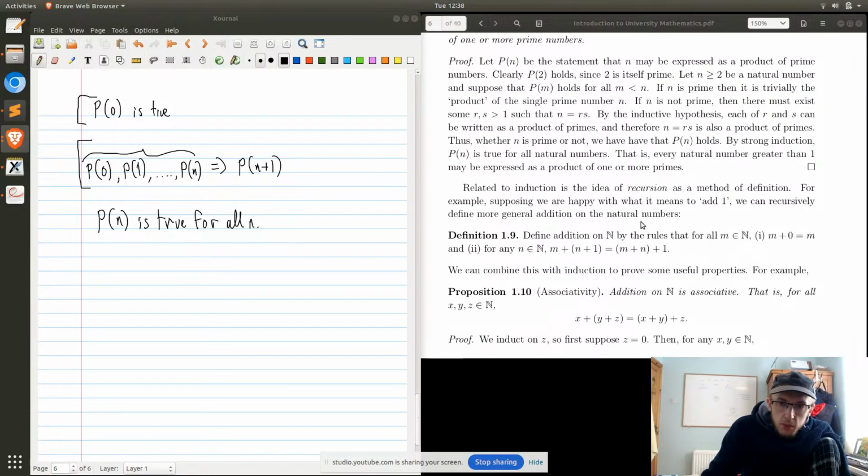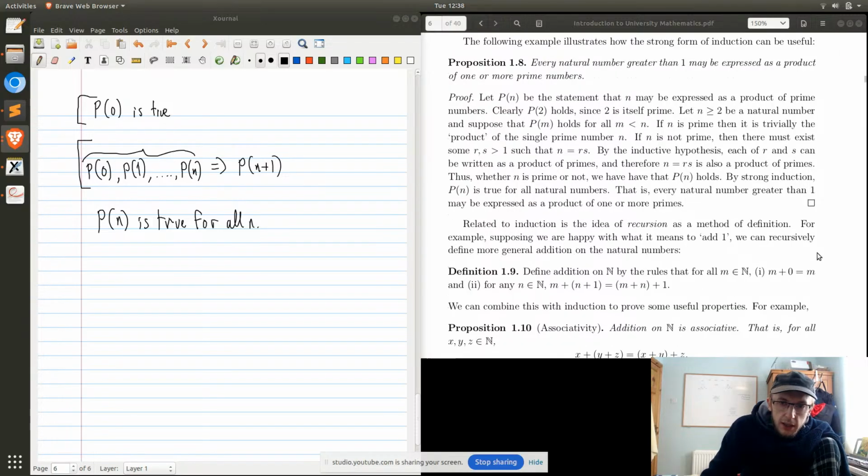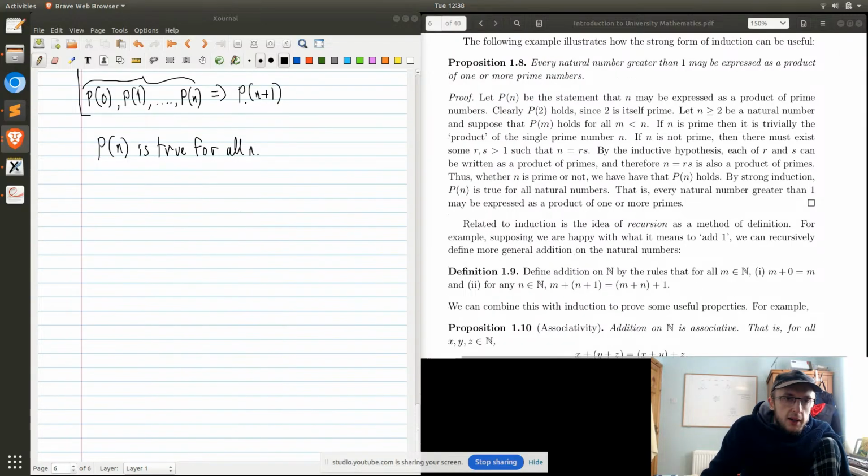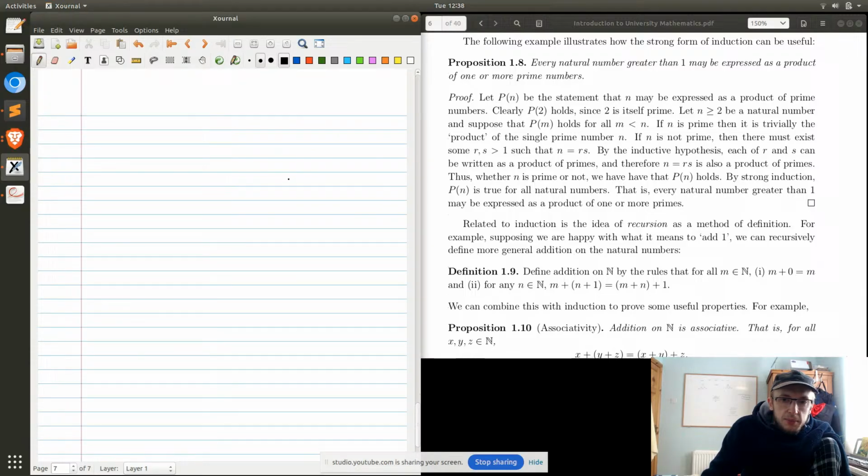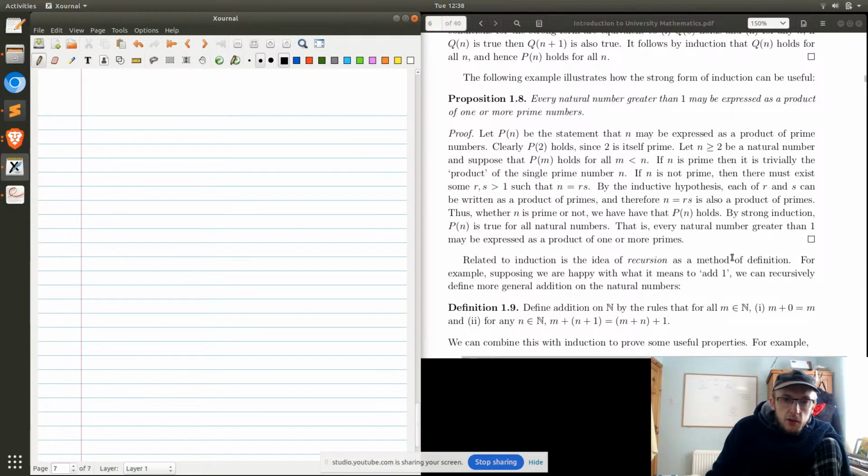We can prove these properties instead of just assuming them. All right, so that's kind of a challenge, isn't it? Can you actually prove that addition is associative given that definition of addition? So how does addition work?